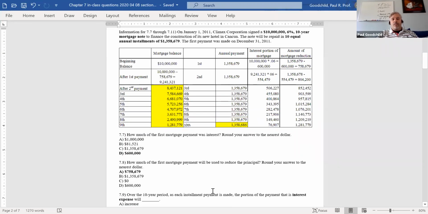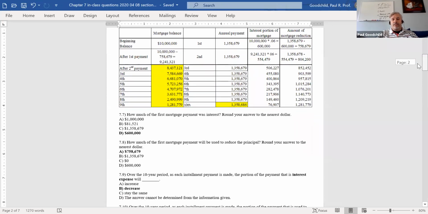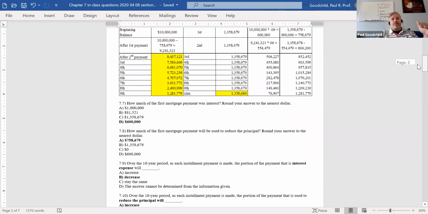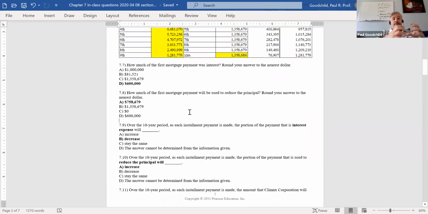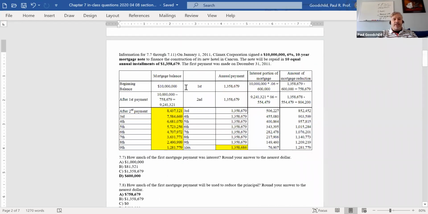And the second question asks about why it appears interest decreases and principal increases, and it's related to the amount of the payment. So the mortgage balance initially, your payment is going to be some to interest and some to principal.